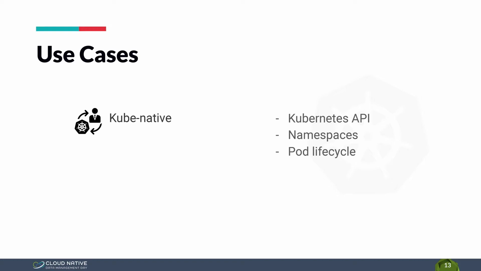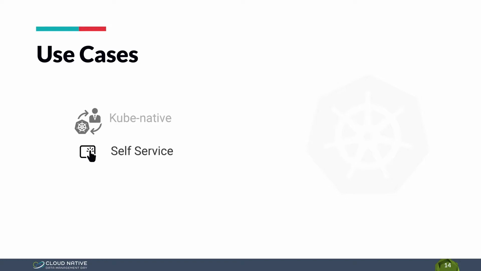Without going into the details, I'll be able to answer it separately at the end of this talk, these are the three specific core use cases of wanting to make COSI Kube native. So this was the first goal, that is to bring a Kube native API for consuming object storage. This is the most important one. The second use case is self-service.